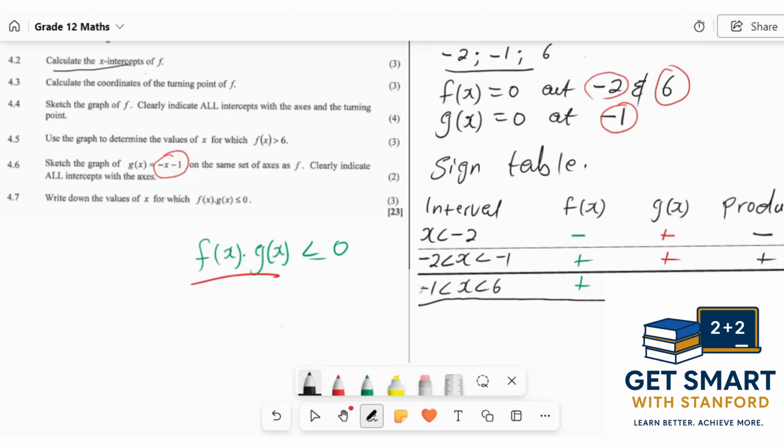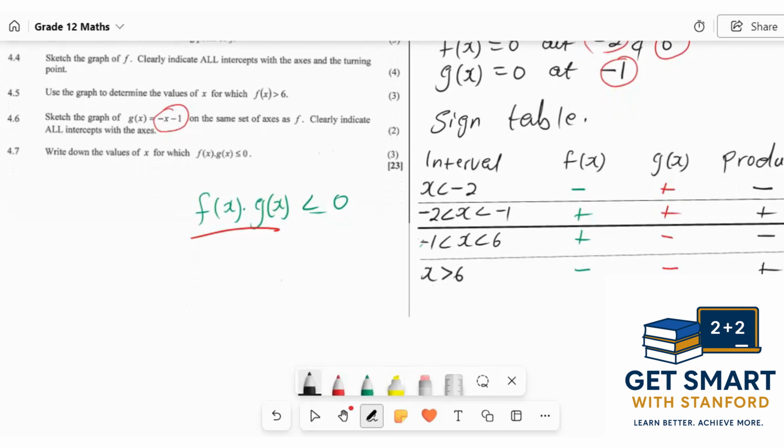And when x is greater than 6, the graph of f is negative, the graph of g is negative, and therefore the product is positive.